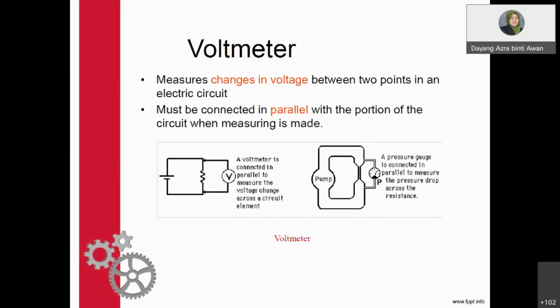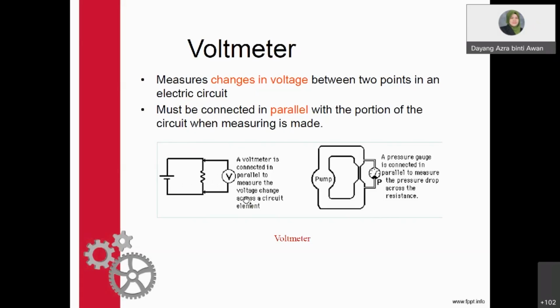So this is how it looks for the calculations of the voltmeter. A voltmeter that measures changes in voltage must be connected in parallel. You need to remember, sometimes students have problems when connecting the voltmeter. They just put it here and here without disconnecting. You need to put it in parallel. So we have a circuit with a wire connected to the resistor, meaning that the voltage across the resistor is the same as the voltage across your voltmeter.